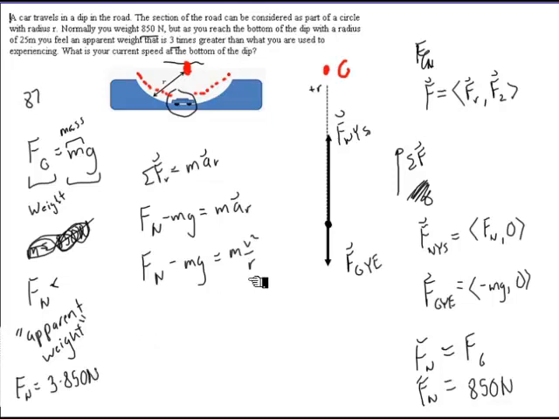All right, so we solve for speed. So multiply both sides by r. Divide both sides by m. Square root both sides.